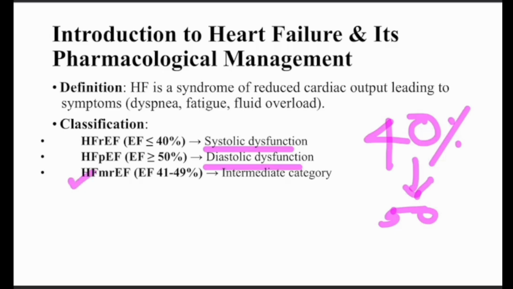So we should understand that heart failure is divided based on the ejection fraction. Ejection fraction is the fraction of blood that is ejected during systole. We divide it into heart failure with preserved ejection fraction, that is more than 50%, reduced ejection fraction, less than 40%, and between 40 and 50, you call it moderately reduced ejection fraction.